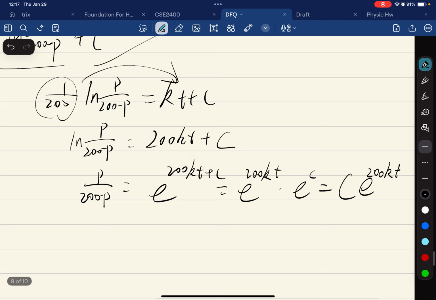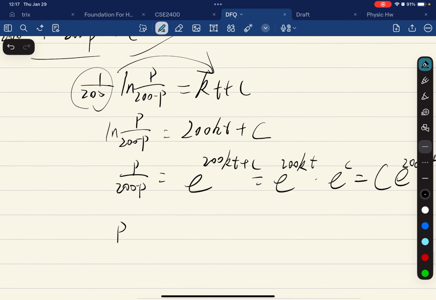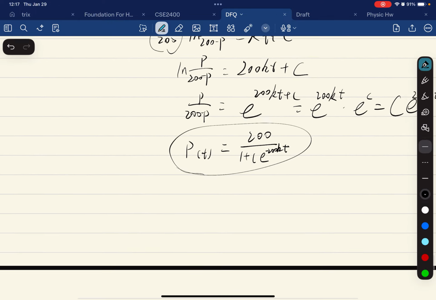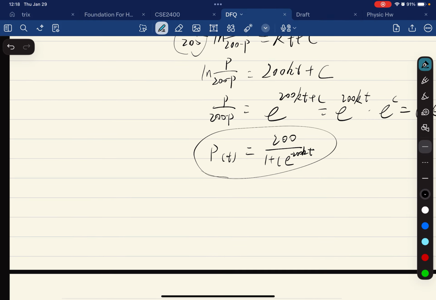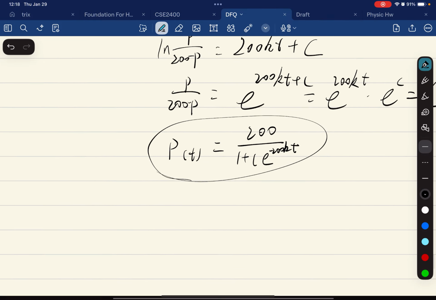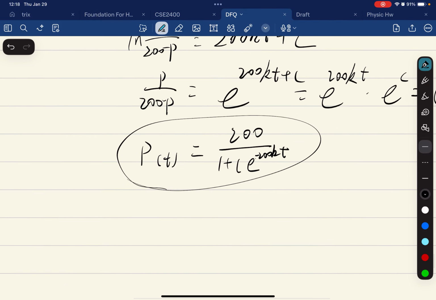Then we can simplify this to solve for the function P of t, which is 200 over (1 plus C e to the power of minus 200kt). Then we can get the relation between the year and the population. But at the same time, we need to solve the coefficient C and the constant k here.